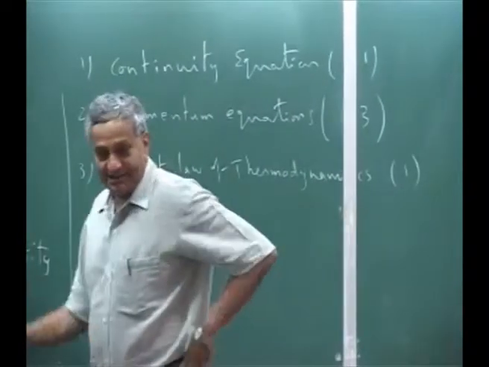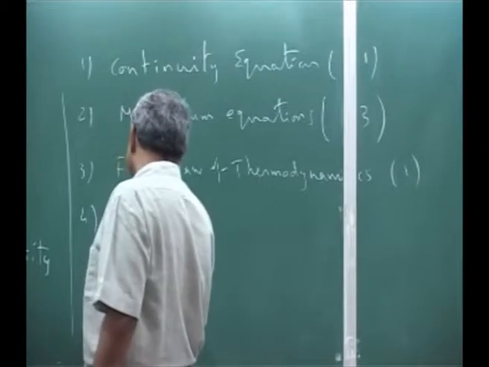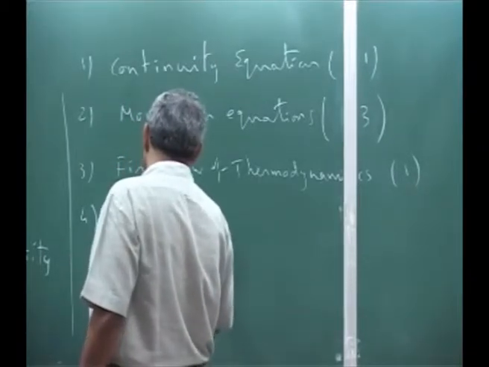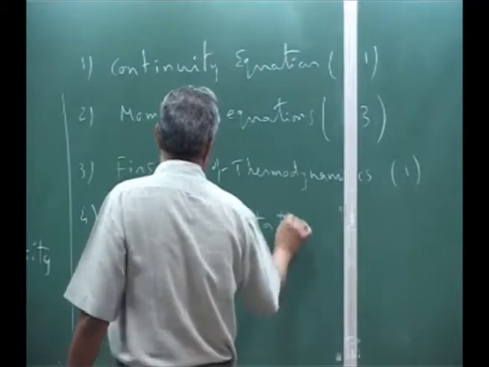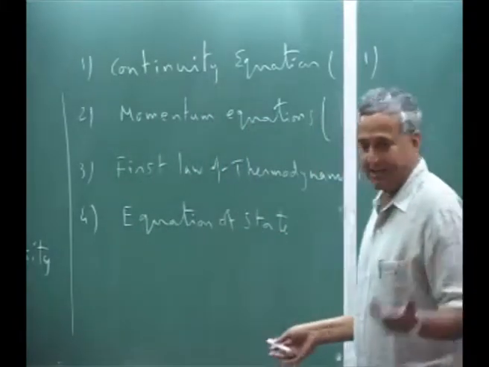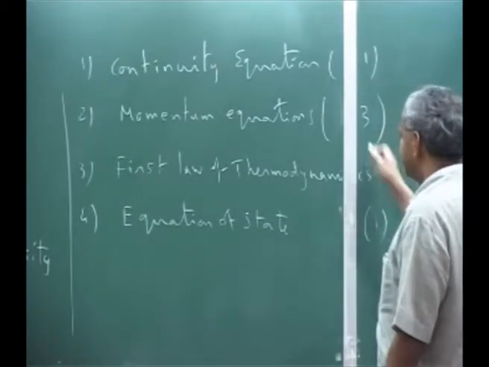Then you are dealing with air, there is gas. So you will have the equation of state. This is basically the gas law, perfect gas, you may assume ideal gas. So you have 6.